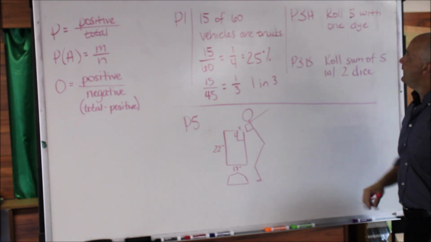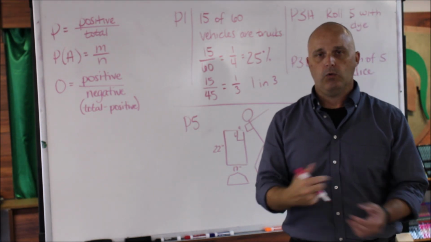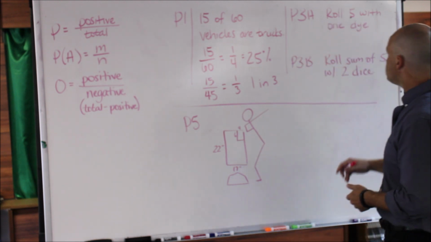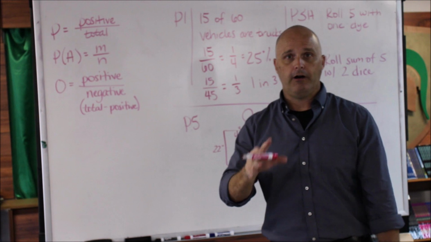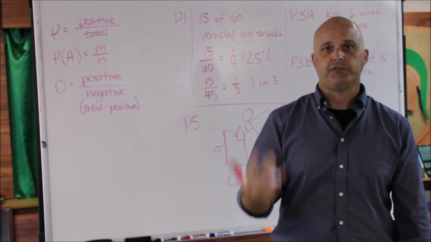Now in problem 3a, the question is, if you have one die, what is the probability that you will roll a 5 on the first roll? If we think about this, how many 5s are there on one die? Well, there's one spot for 5, and there are 6 spots total.